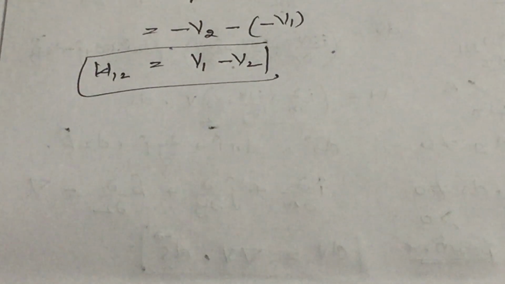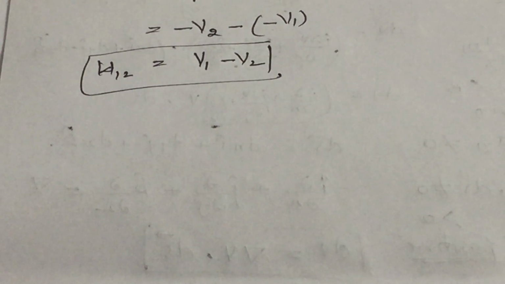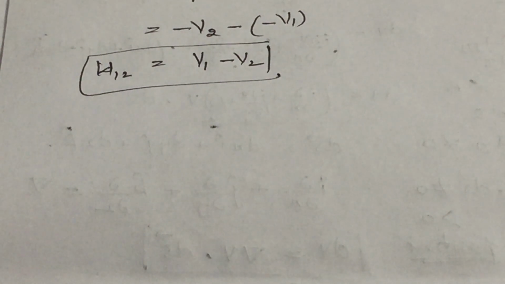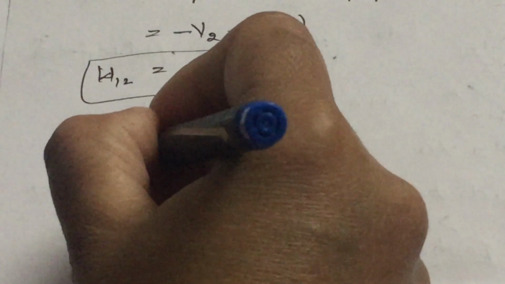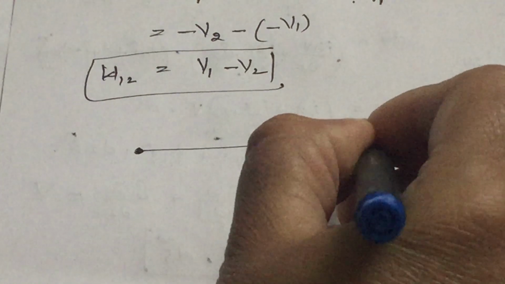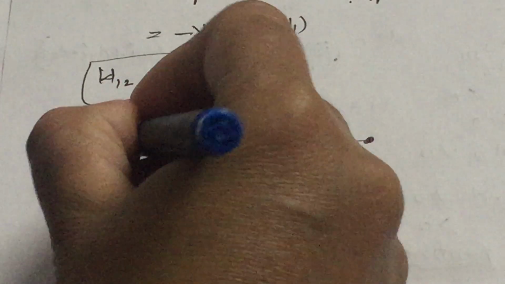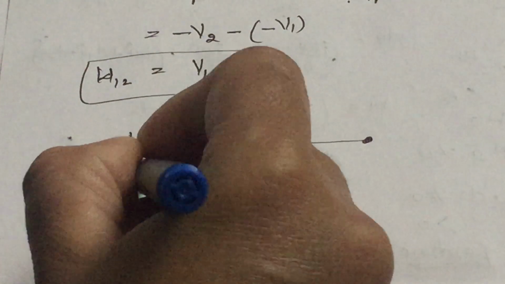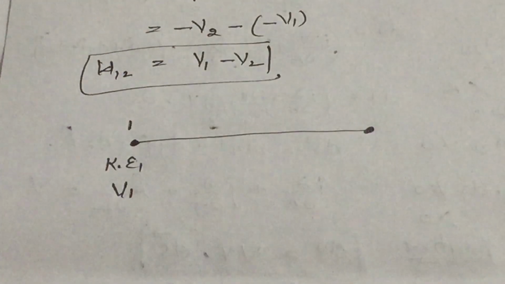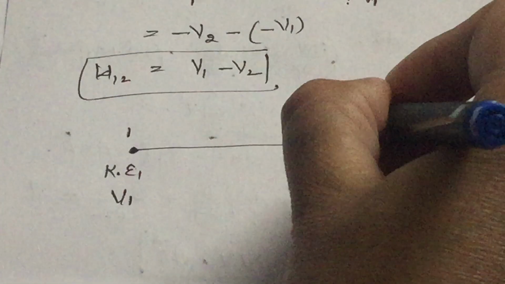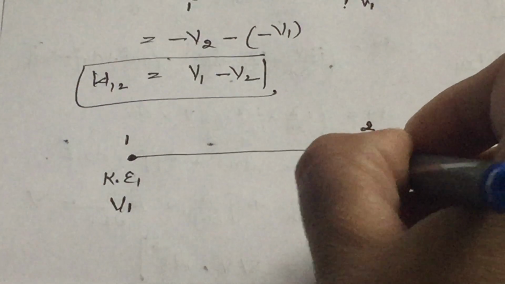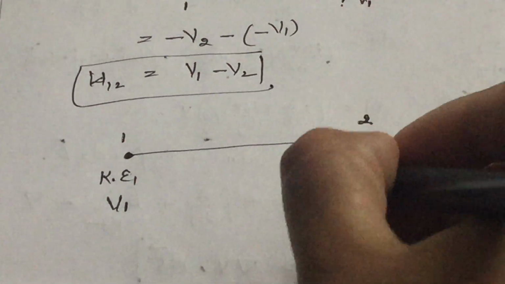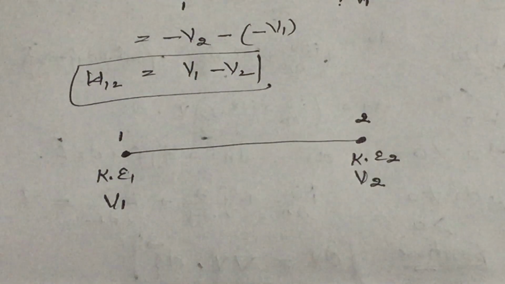verify it? There is simultaneous change in kinetic energy and potential energy if a body moves from point 1 to 2. Let us consider a body is moving, and at initial position 1 the kinetic energy is K1 and potential energy is V1, and at the second point 2 the kinetic energy final is K2 and potential energy is V2.